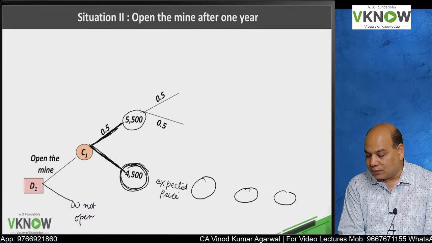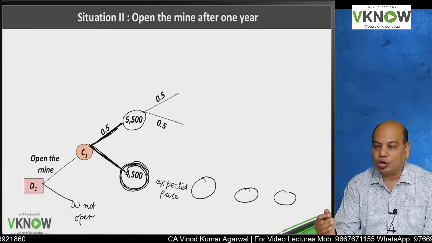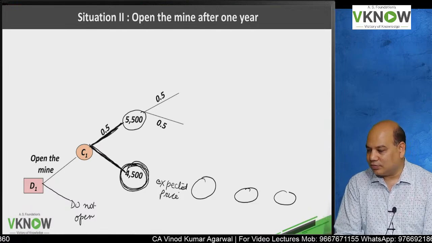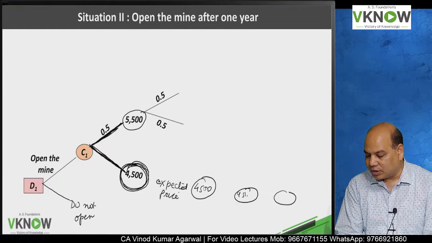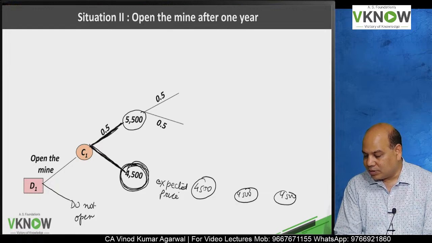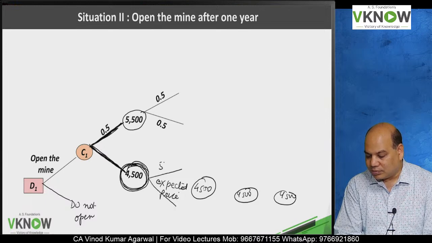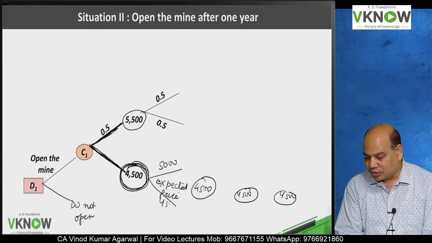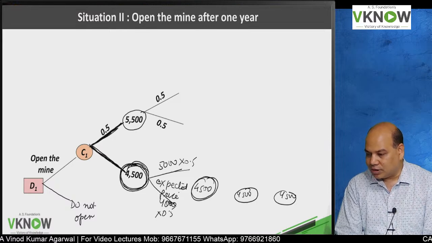So if you start from 4,500, the expected price for all the subsequent years will be 4,500. You can try yourself: 5,000 and 4,000, multiplied by probability 0.5, you get 4,500.